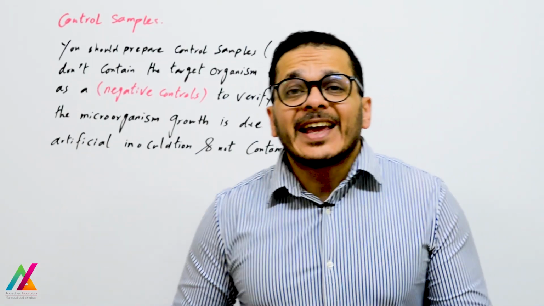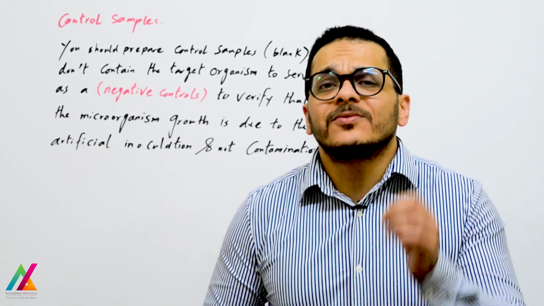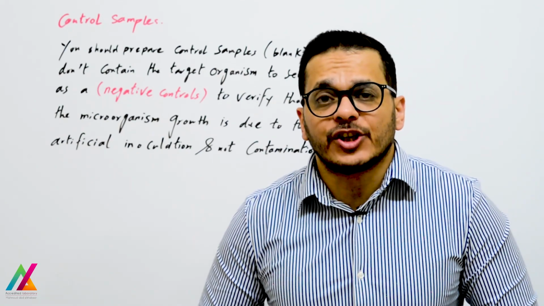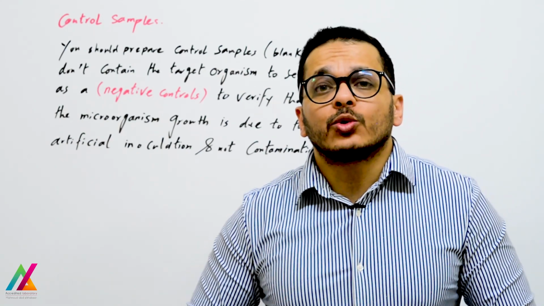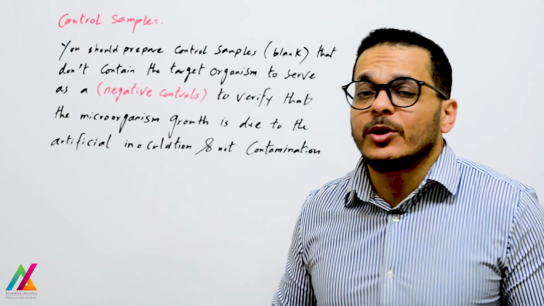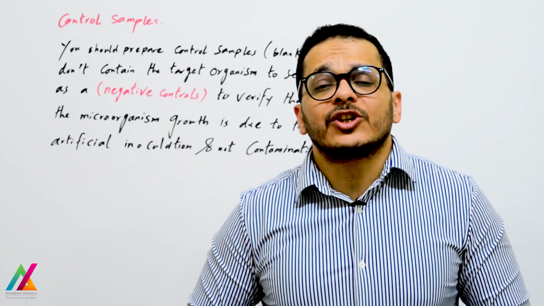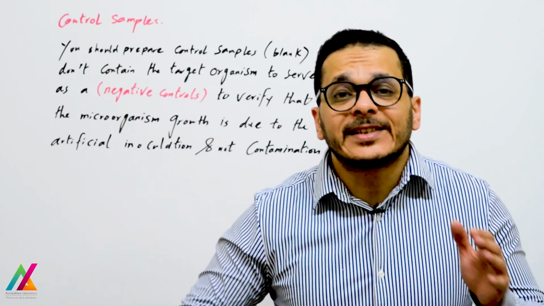This negative control sample is very important to be prepared with every sequence after verification. When you prepare the quality control procedure, you shall add this sample with every sequence to ensure that there is no contamination during the process from the beginning till the end.